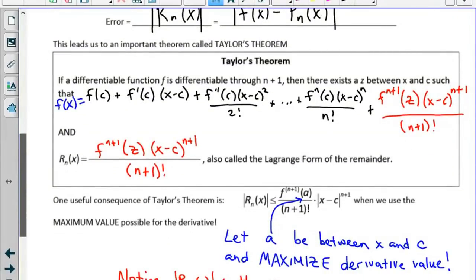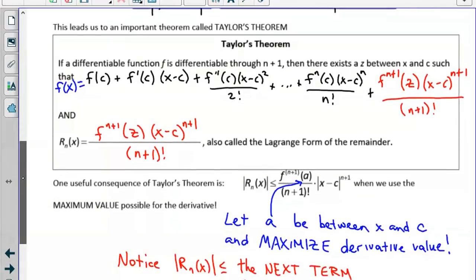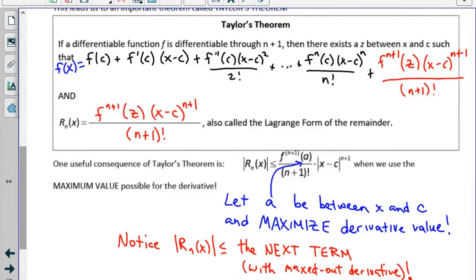So Taylor's theorem, I wrote a lot of this out in the interest of saving time in the video. But if we have some function that's differentiable through at least one more term than the polynomial that we have, then there exists a z between x and c such that the following is true. We have this whole polynomial, I wrote that in black, and then plus the remainder.